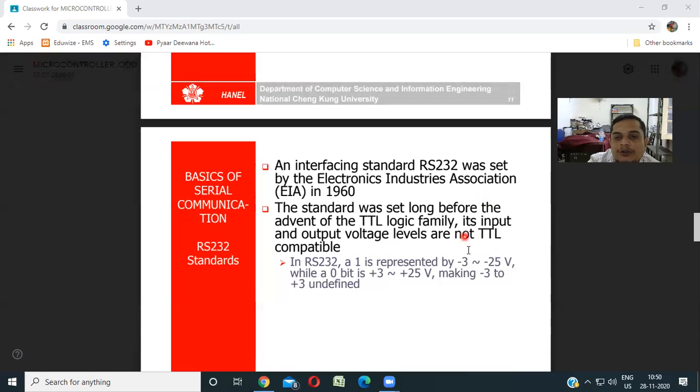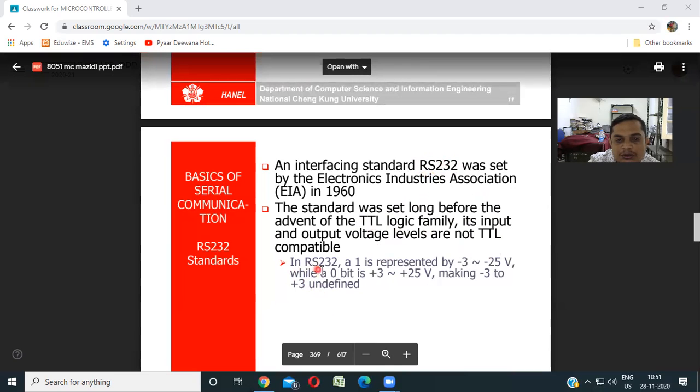A very important point here is that the standard was developed long before the advent of TTL logic. The present 8051 microcontroller employs TTL, transistor logic, to fabricate the IC. And the standard is RS232. These are not compatible with each other.